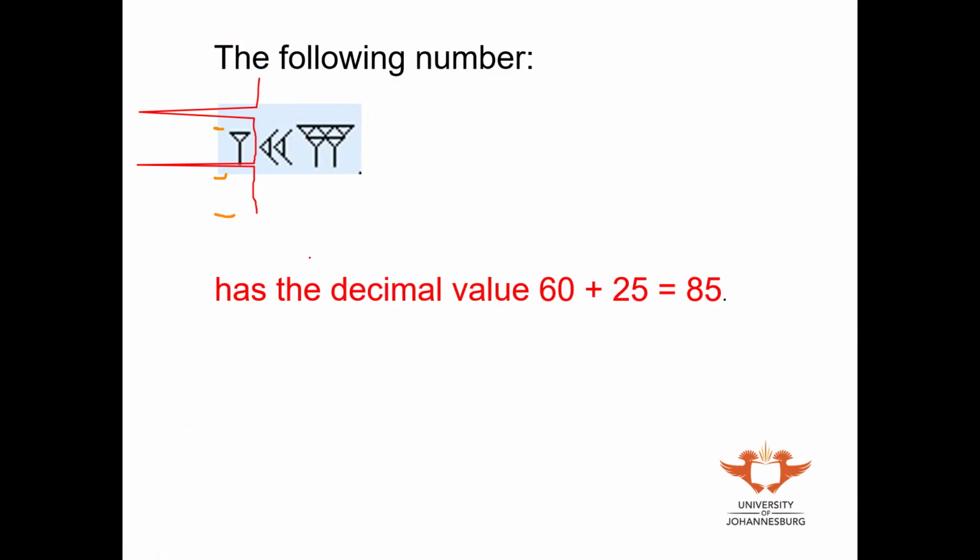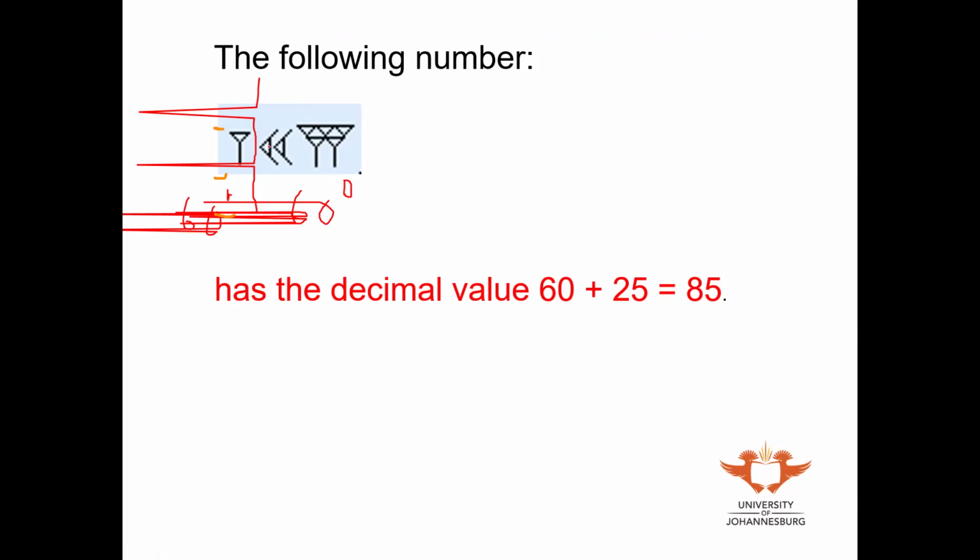And in this case, you must look at it in terms of this is 60 to the power 1, and this one is 60 to the power 0. You remember that anything to the power 0 is 1. 1 times 25 will be 25. But anything to the power 1 is that thing. So in this case, 60 to the power 1 is 60. Then we multiply it by 1, it represents 60.